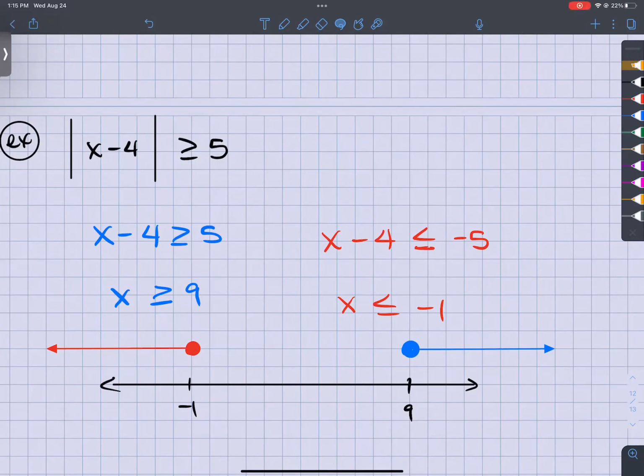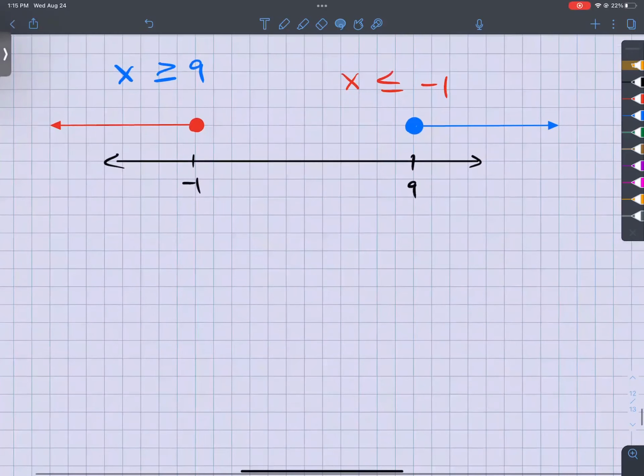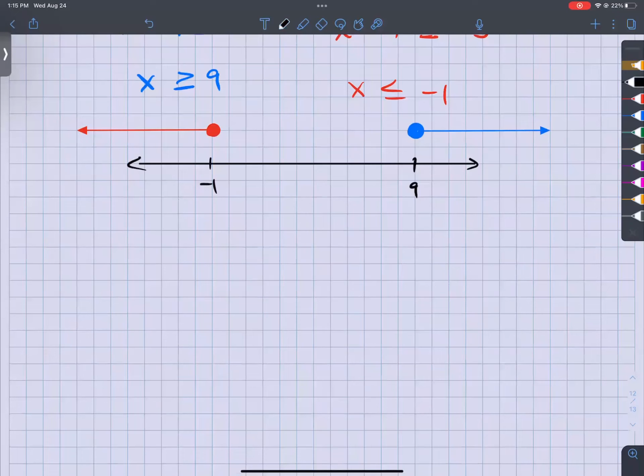How would you? Well, you have this, right? You have that x is less than or equal to -1 and x is greater than or equal to 9, right? It can't be the intersect. Because what's the intersect? Things that are in common, but there's nothing in common.